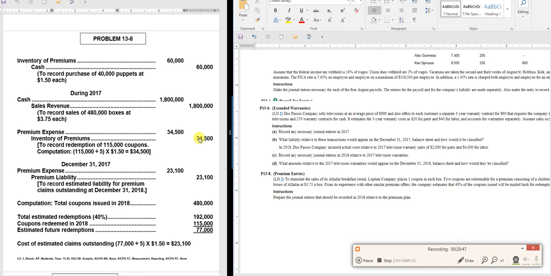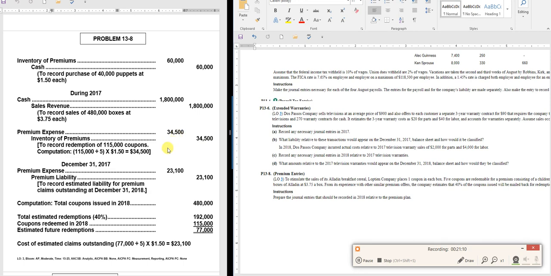Instead of cost of goods sold, I'm moving it over to premium expense, all of the puppets I mailed out. So think of it this way. How many puppets did you mail out? Well, 115,000 divided by 5 is how many puppets I mailed out. And each puppet costs $1.50, so I need to get that out of inventory of premiums and into premium expense.